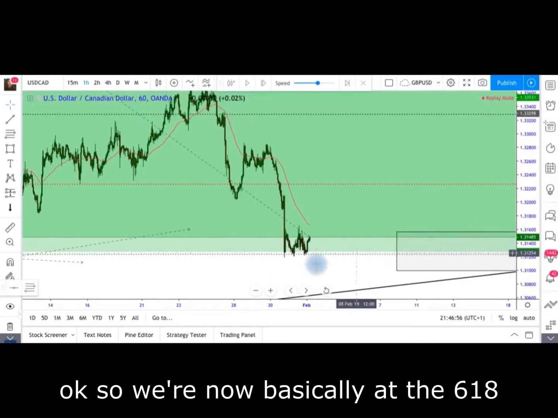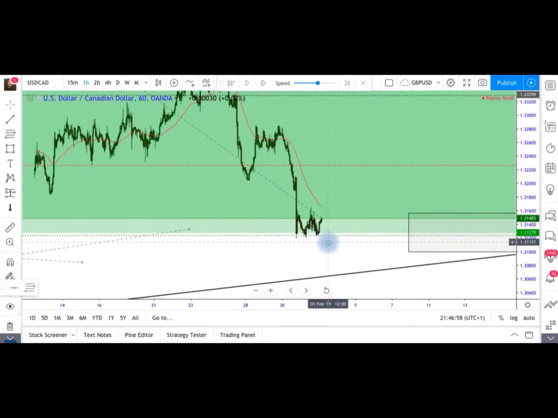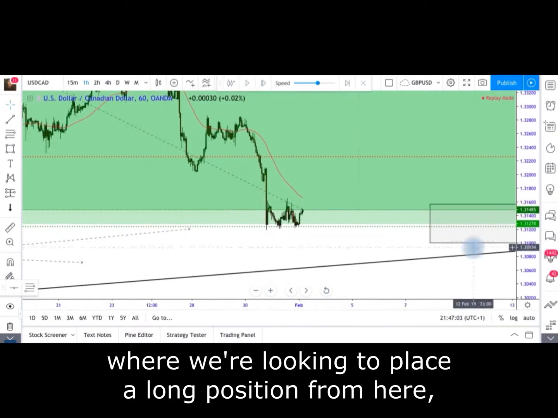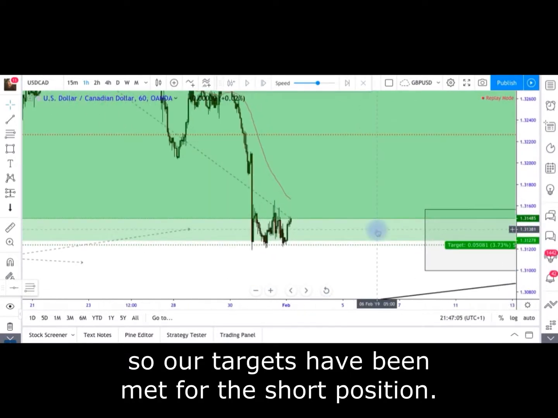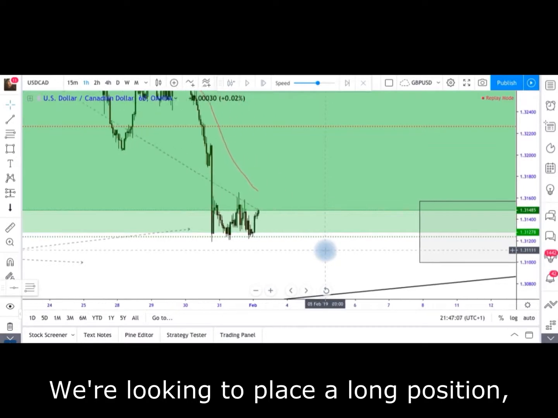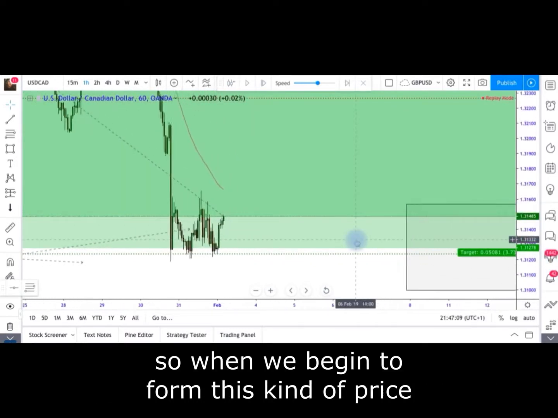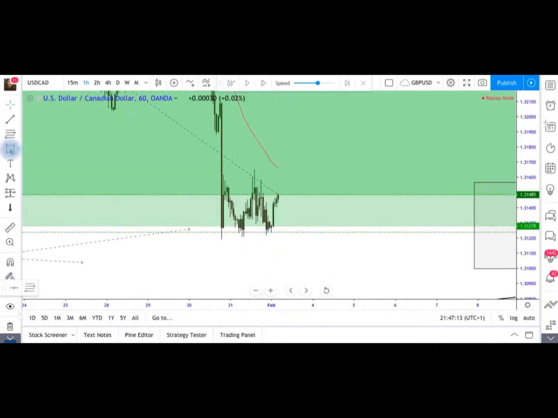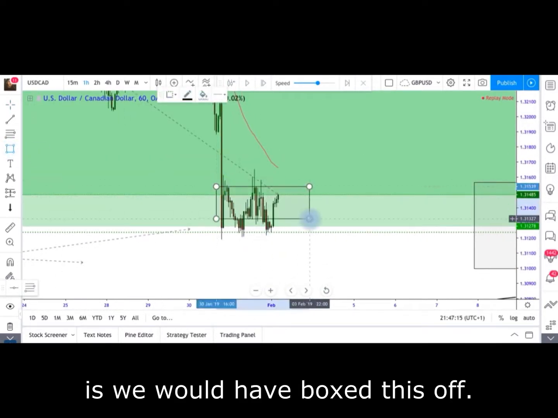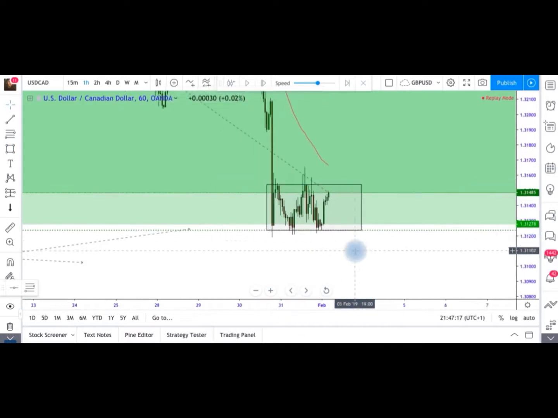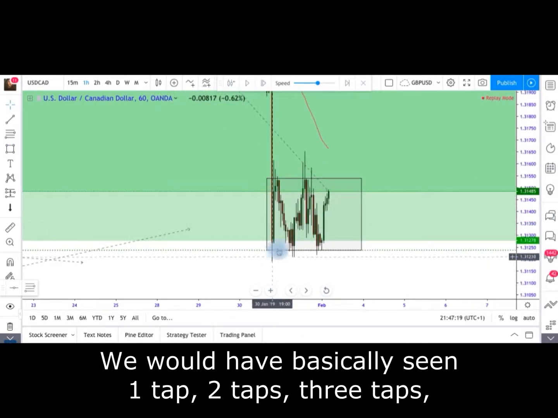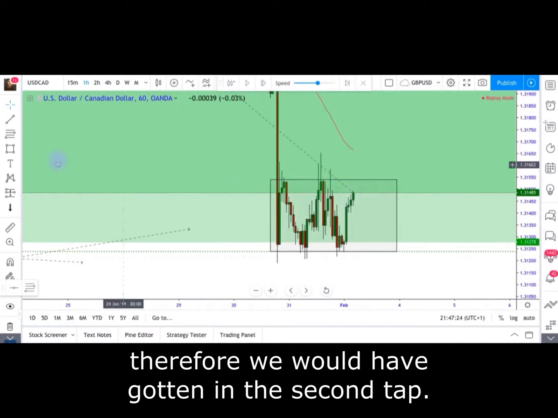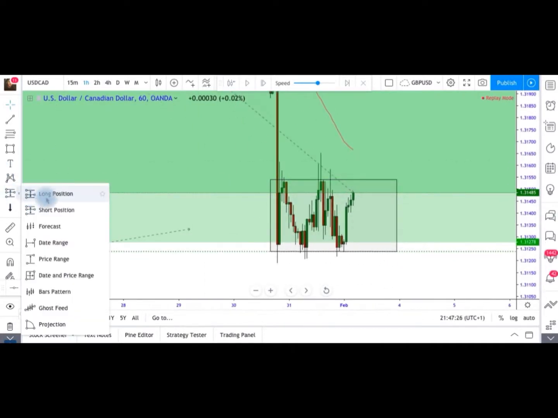Okay, so we're now basically at the 618, where we're looking to place a long position from here. So our targets have been met for this short position. We're looking to place a long position. So when we begin to form this kind of price action, what we would have done is we would have boxed this off. We would have basically seen 1 tap, 2 tap, 3 tap, so therefore we would have got in on the second tap.